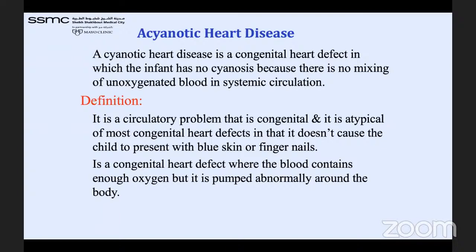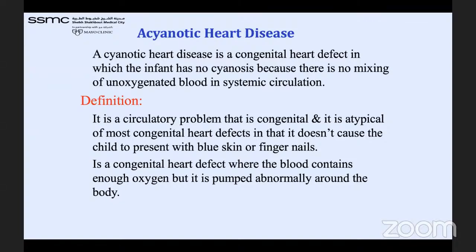So acyanotic disease is a congenital defect in which the infant has no cyanosis because there is no mixing of unoxygenated blood in systemic circulation. It is a circulatory problem that is congenital, and it is typical of most congenital heart disease.